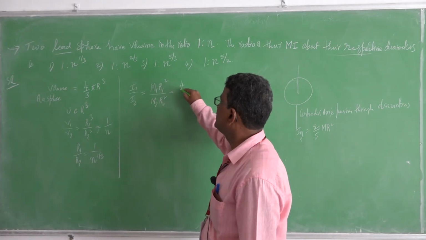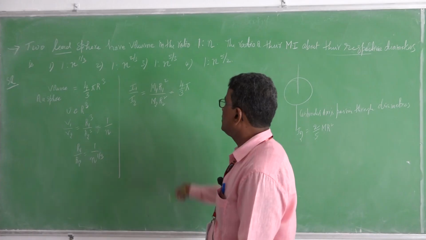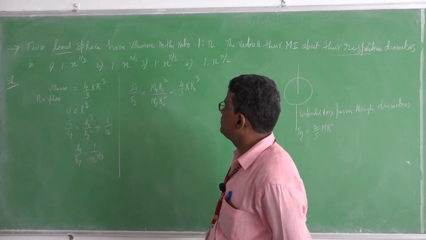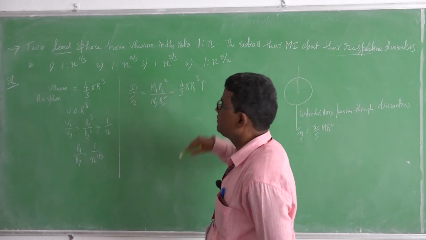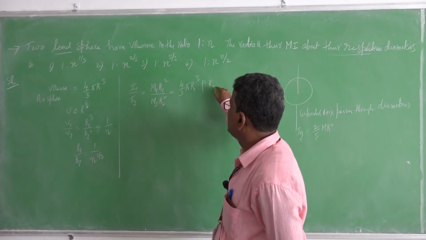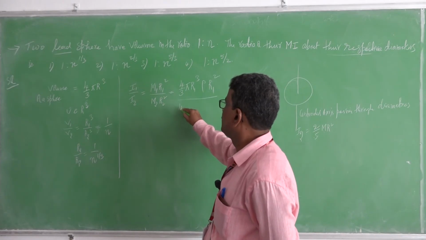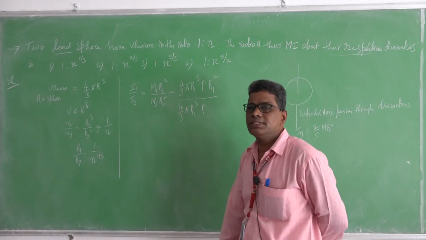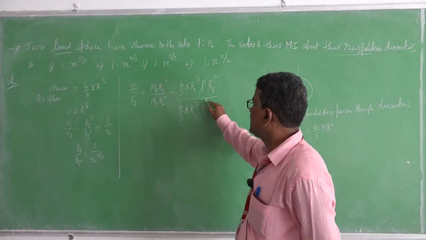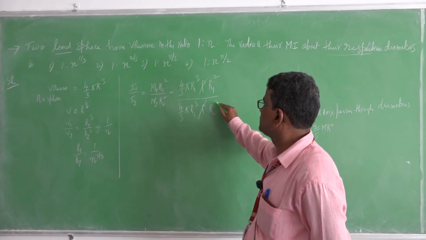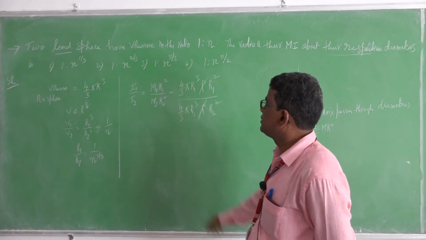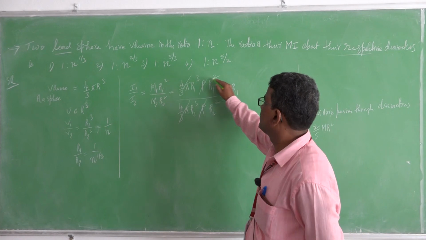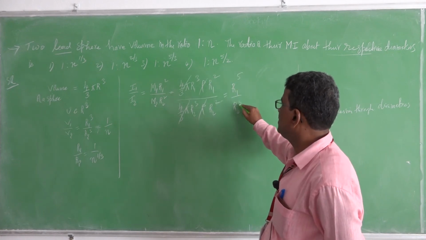Mass is volume into density, so 4/3 pi r1 cube into density rho, times r1 square, by 4/3 pi r2 cube rho, times r2 square. Both are made of the same material, so the density is the same and cancels. The 4/3 pi also cancels. So you get R1 to the power 5 by R2 to the power 5.